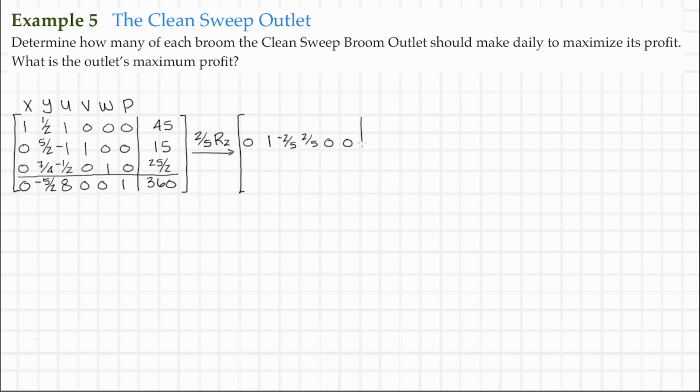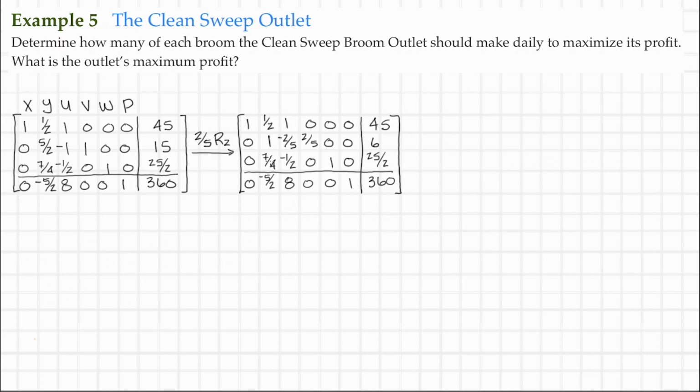Bring down our vertical line. 15 times 2/5, again, is 6. Close off our bracket, and we fill in the rest. Put in our horizontal line here.